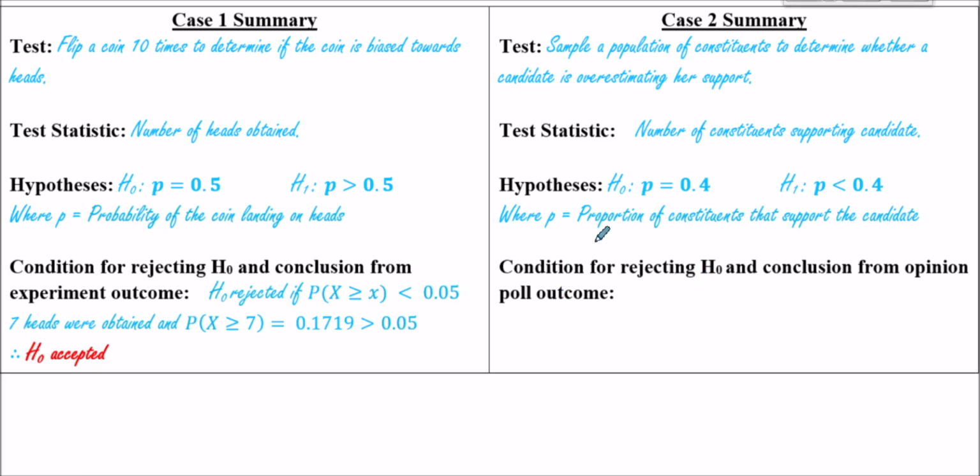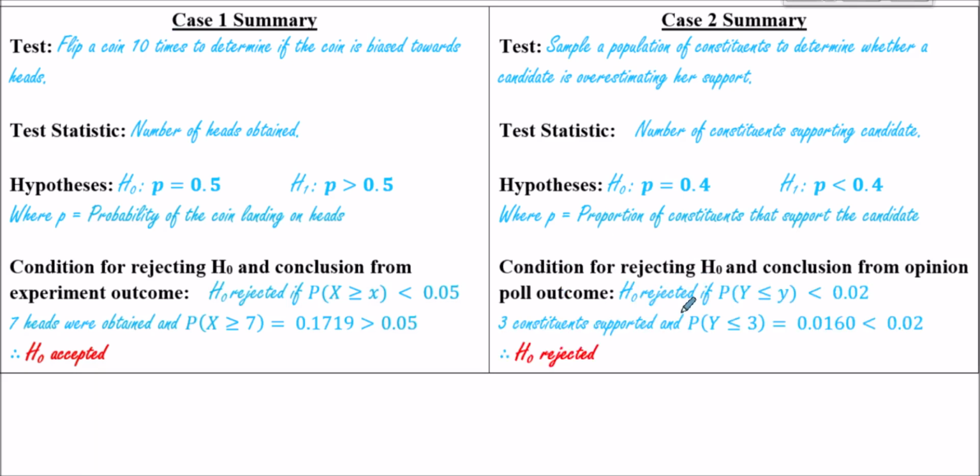And the condition for us rejecting H0 was if the probability of the test statistic being equal or less than the observed number was less than 2%. We had that 3 constituents out of 20 supported her, which isn't much at all. There would be a 0.016 chance of that, which is less than 0.02. Therefore, because that's less than 2%, we reject H0, it's much more likely that the alternative is actually true.